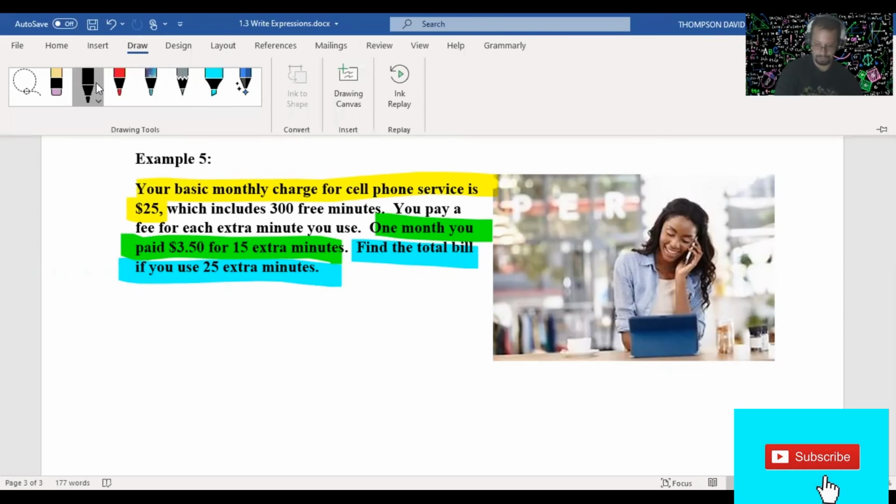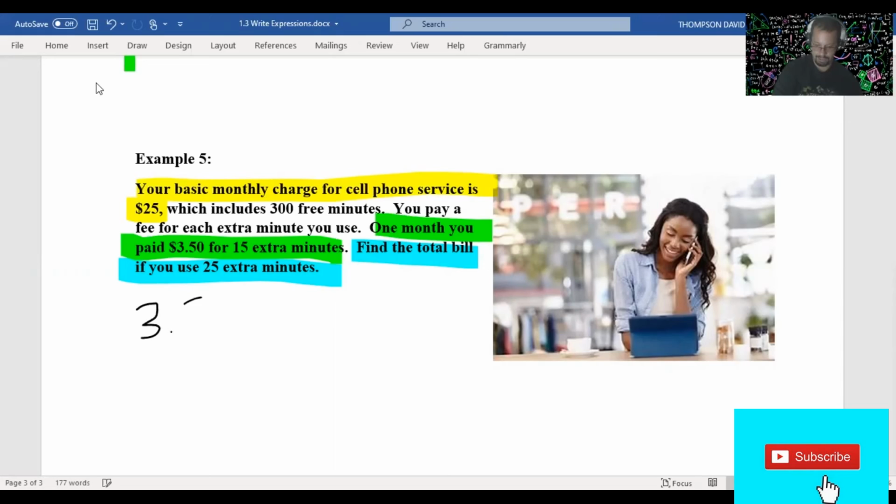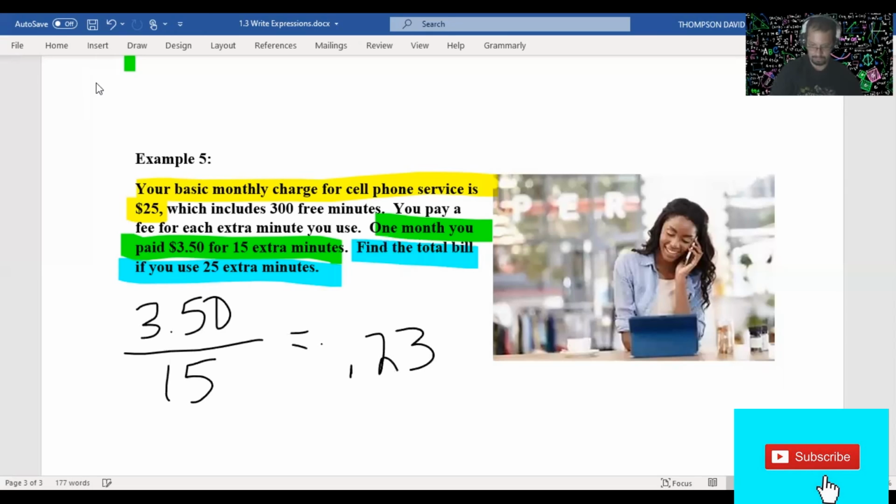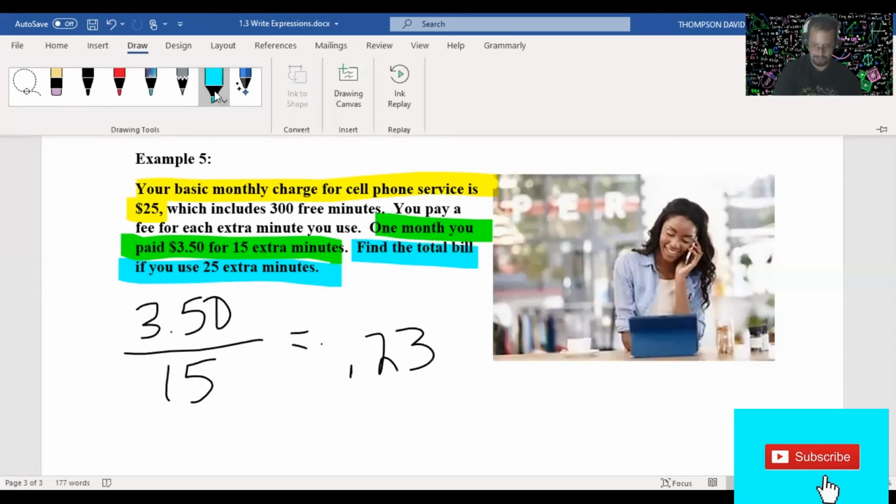So let's start. First we need to figure out how much we're paying per minute over the 300. So we're going to say 3.50 divided by 35. We're going to use a calculator. 3.50 divided by 35 will give me 10 cents. Let's highlight that in green so we're consistent.